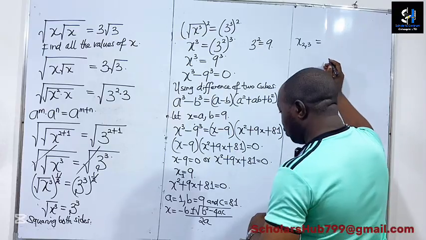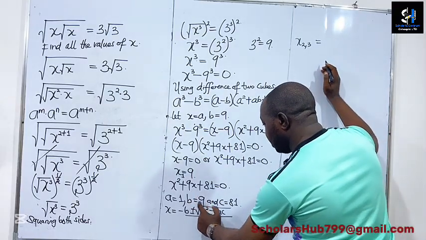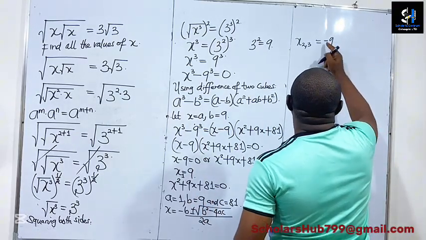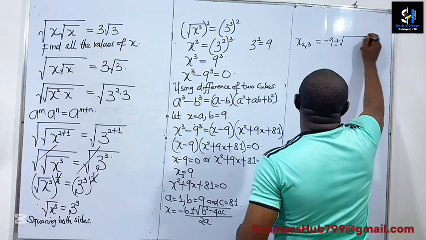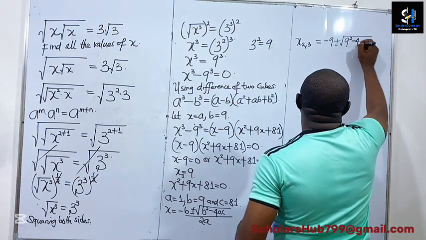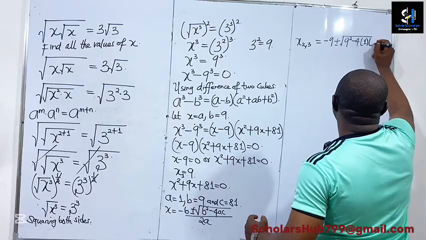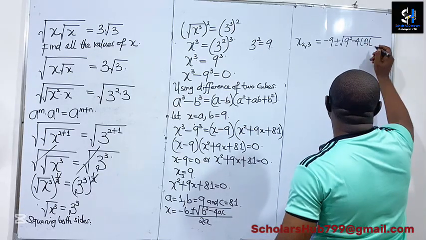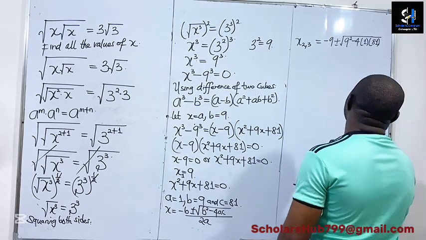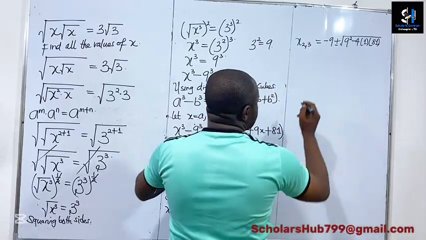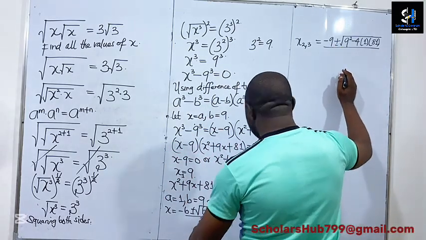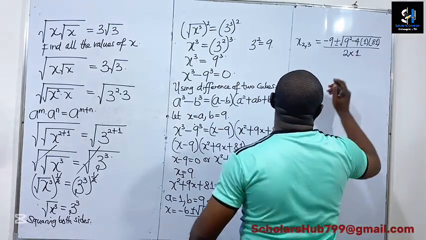So this will be equal to negative 9 plus or minus the square root of 9 squared minus 4 times a, which is 1, multiplied by c, which is 81, divided by 2 multiplied by 1.